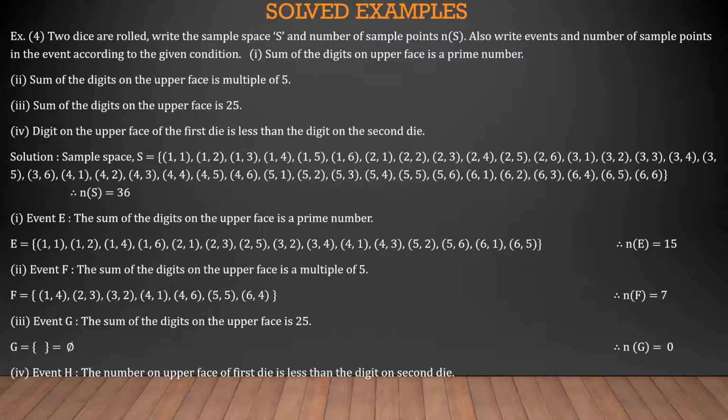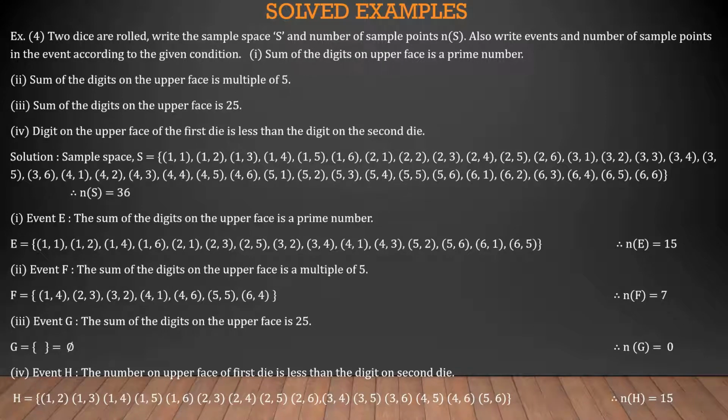Fourth is event H. The number on the upper face of the first die is less than the digit on the second die. So the sample points in event H are written as 1, 2, 1, 3, 1, 4, 1, 5, 1, 6, 2, 3, 2, 4, 2, 5, 2, 6, 3, 4, 3, 5, 3, 6, 4, 5, 4, 6, 5, 6.